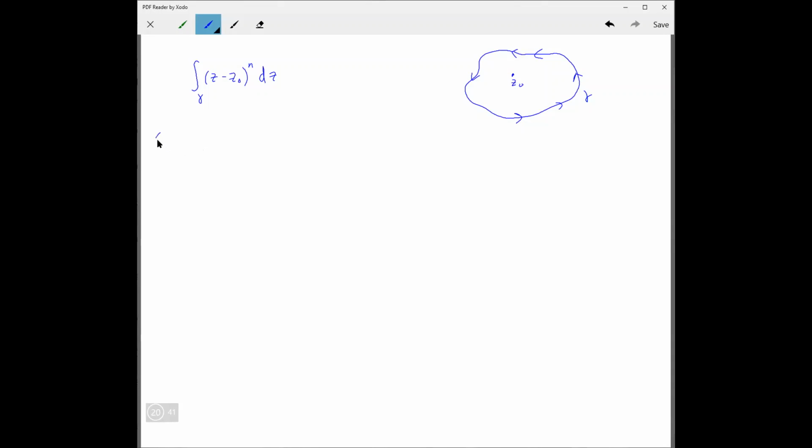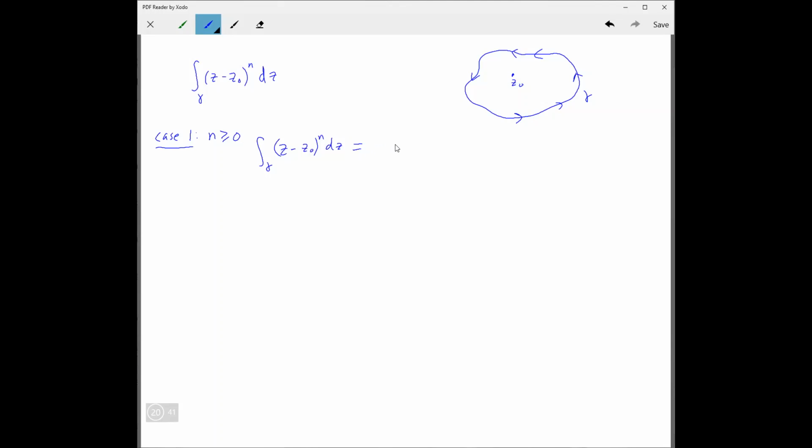So first of all, where n is greater than or equal to 0. What's the integral going to be? Does anybody remember?